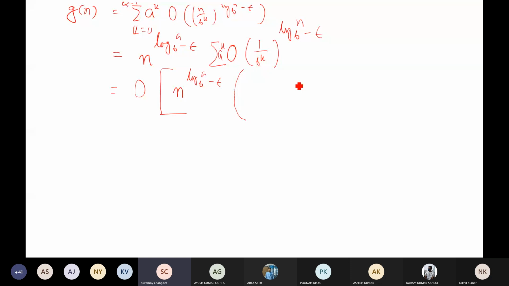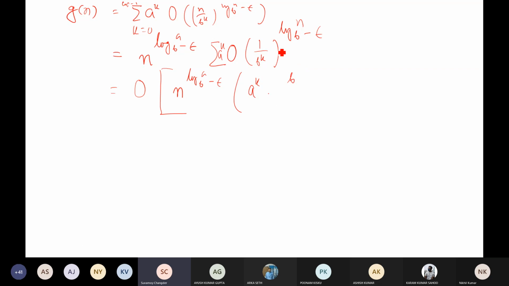Here listen very carefully: a to the power k. Now b to the power k to the power this, we can write b to the power, actually it is minus 1.